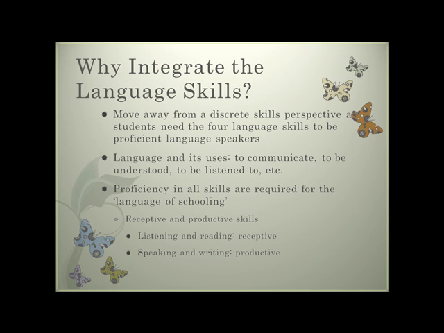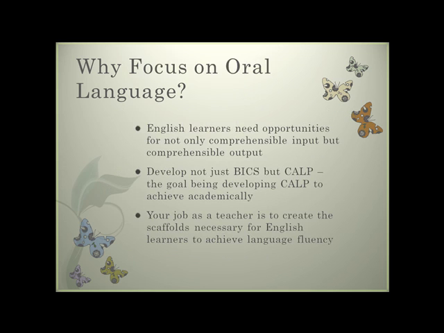Now, productive skills, on the other hand, are things that they will be producing. So, for example, sharing an anecdote during circle time or speaking about something that happened and being able to write would be classified as productive skills.